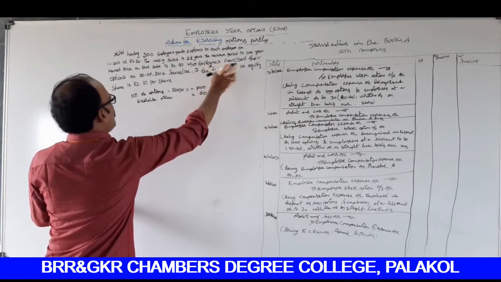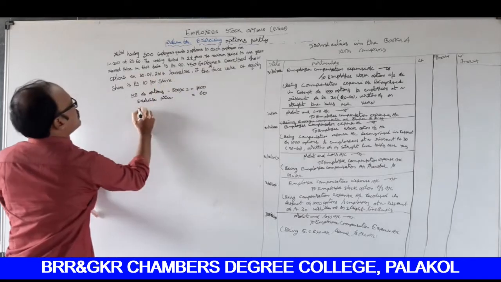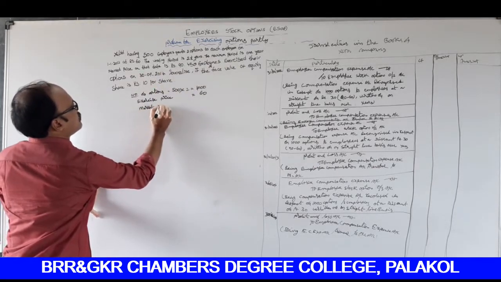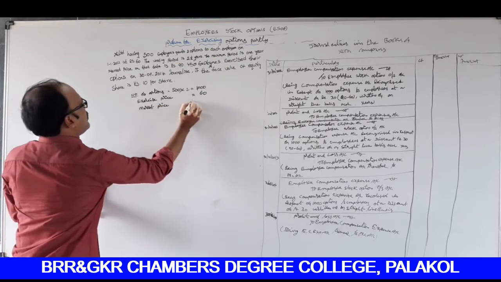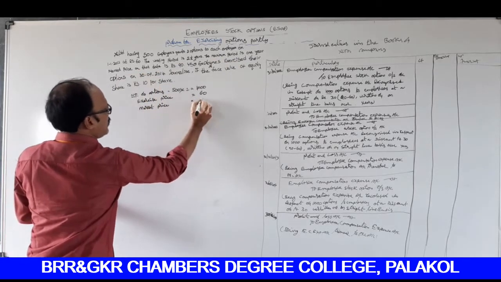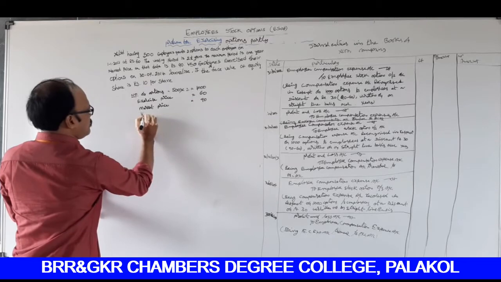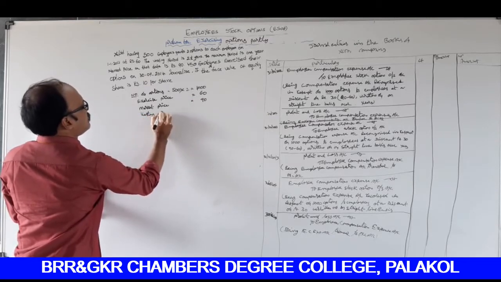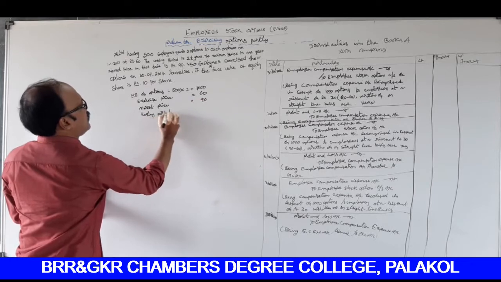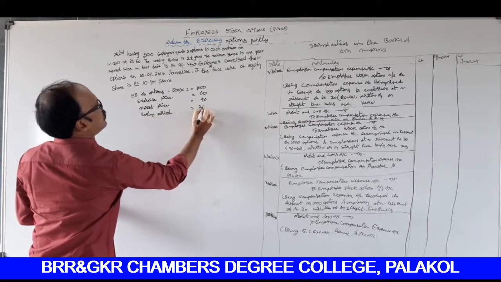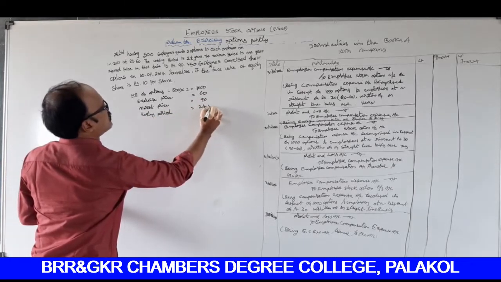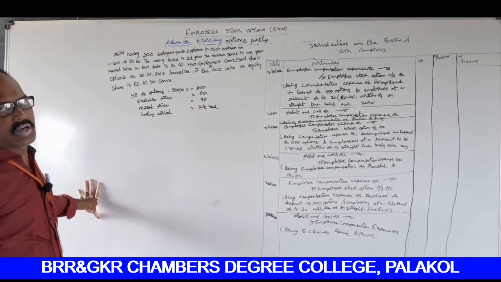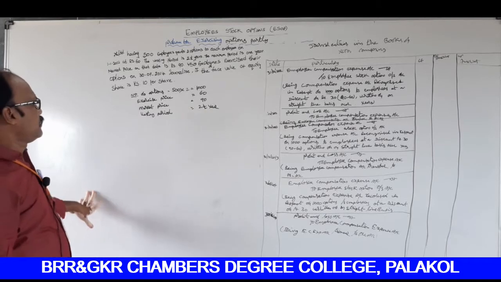The maximum period is 1 year. Market price is equal to 90. Vesting period is equal to 2.5 years. This is the information regarding the problem.